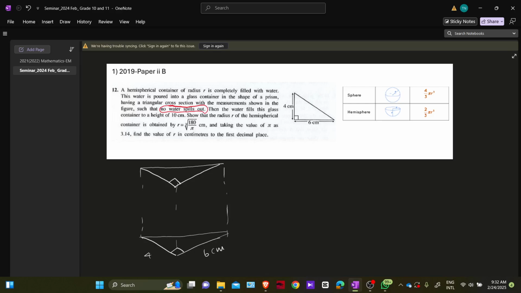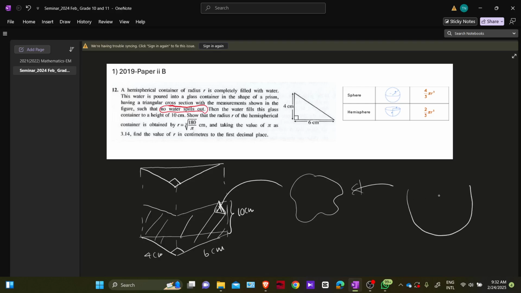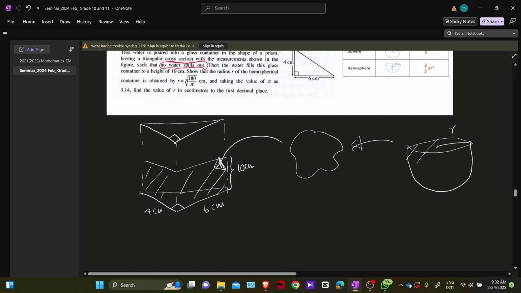This part is 4. Now what is filled up to the height of 10 centimeters? Here's that water volume. Now this water was poured. That water volume was previously inside a hemisphere where the radius is r. This was completely filled.